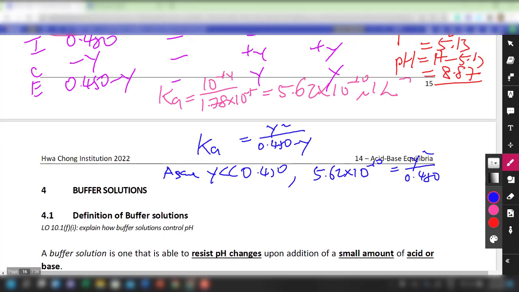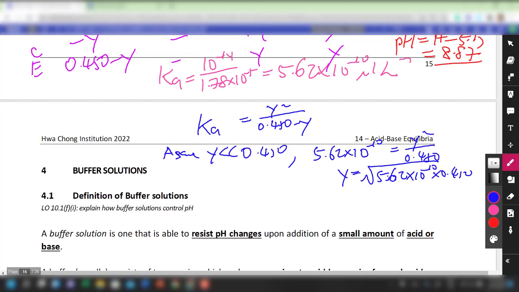Then I shift things around, so y is equal to the square root of 5.62 × 10⁻¹⁰ times 0.450. From here I'm going to get 1.59 × 10⁻⁵ mol dm⁻³.